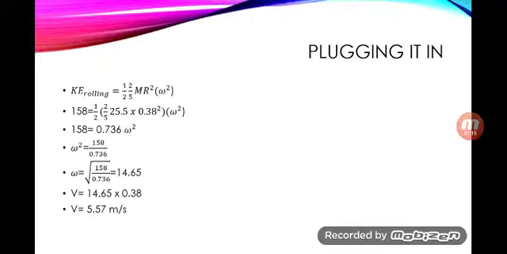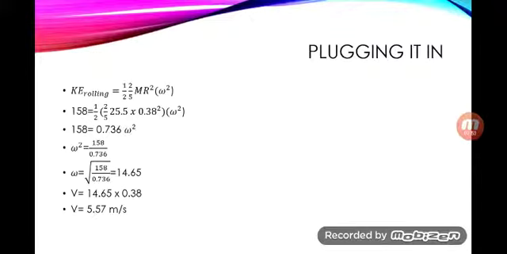If you plug that in, 158 equals 1/2 times 2/5 times 25.5 times 0.38 squared times the angular velocity squared. That's 158 equals 0.736 times angular velocity squared. Divide both sides by 0.736 to get angular velocity squared, and to get angular velocity, you square root it. So it becomes 14.65.